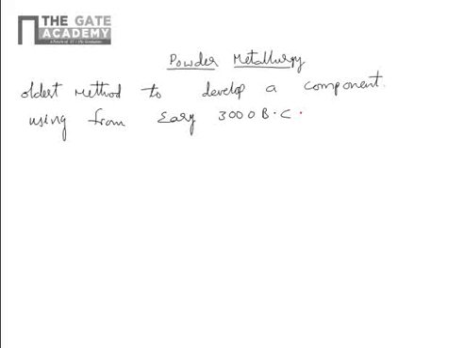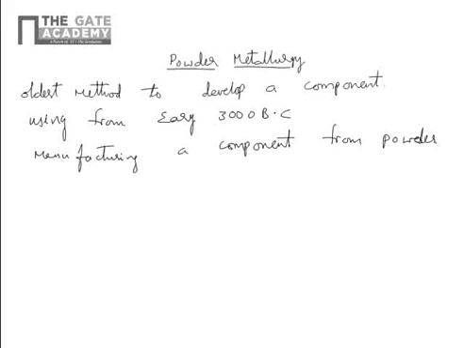So the objective of powder metallurgy is manufacturing a component from powders. Only metal powders are used.